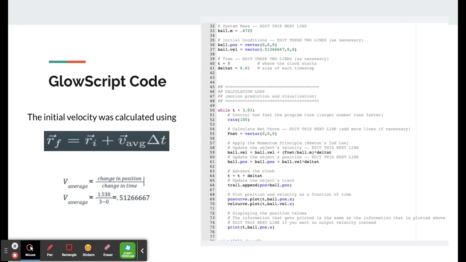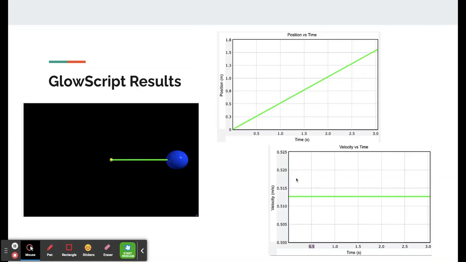Then we update the velocity to indicate that if there was acceleration present, the velocity would change, but it will not change because velocity is constant. And then we update position based on velocity. This is what results from that code: a straight slanted line for the position-time graph indicating constant velocity, and a horizontal velocity-time graph, which once again indicates constant velocity.